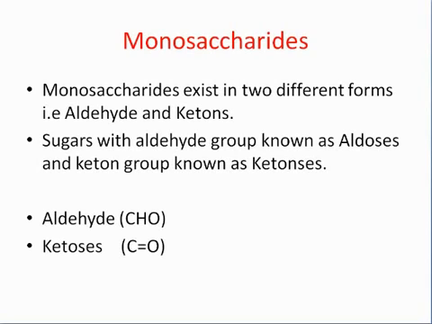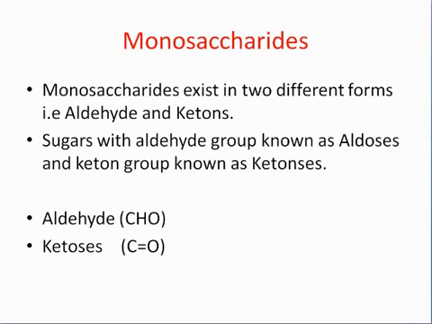And we also studied that carbohydrates have two families, one is the aldehyde family, another one is the ketone family. Similarly, monosaccharides exist in two different forms, aldehyde form and ketone form. The monosaccharides with an aldehyde group are known as aldoses, and with a ketone group are generally referred to as ketoses.